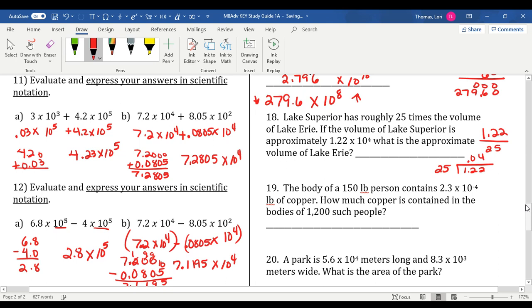And 25 into 100, of course, is 4. That makes 100. Subtract, bring down a 0. 25 into 220, that's going to be 8. Subtract, and then 25 is 8. So we have 0.0488 times 10 to the 4th.